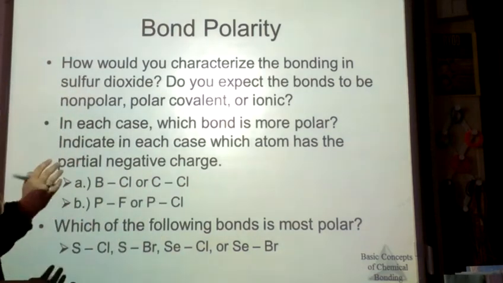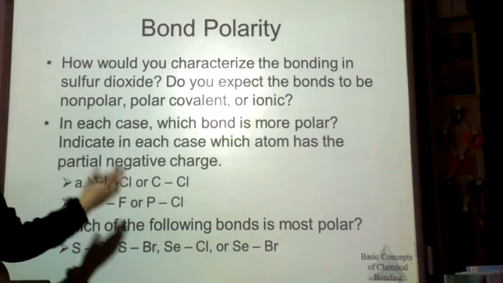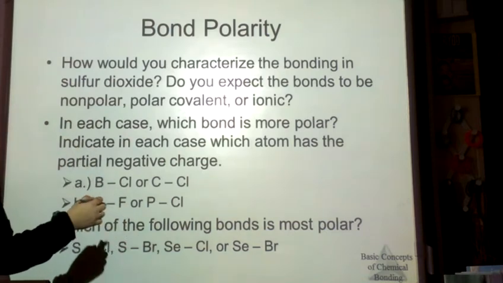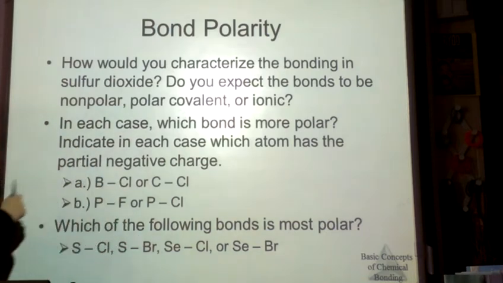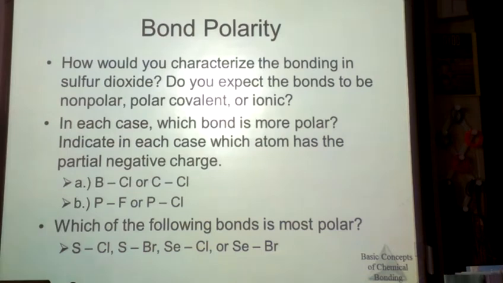Because of that larger space, I immediately want you to think that would be a bigger electronegativity difference. So I would say that the boron monochloride bond is going to give me a more polar bond versus the carbon and chlorine bond, okay?